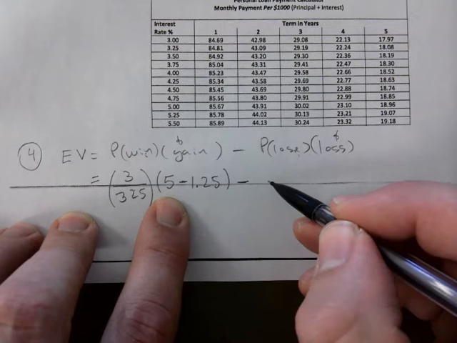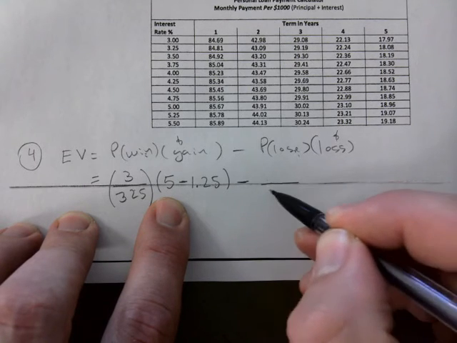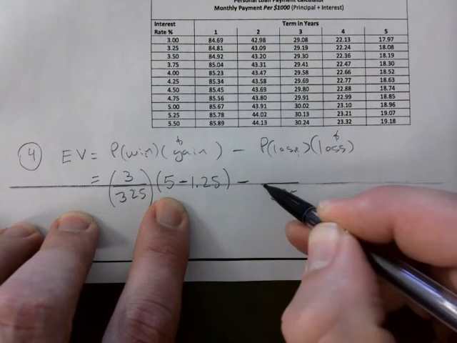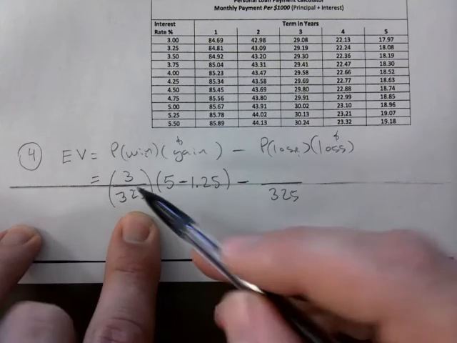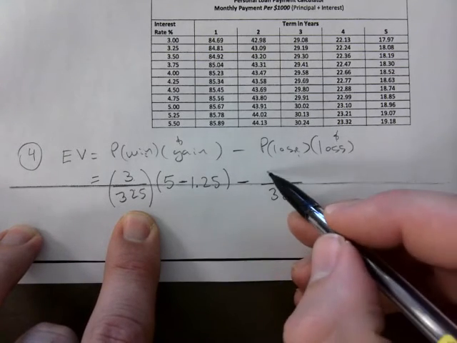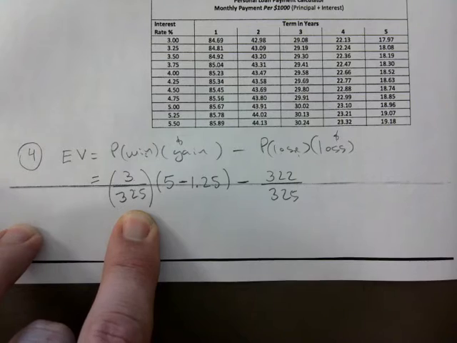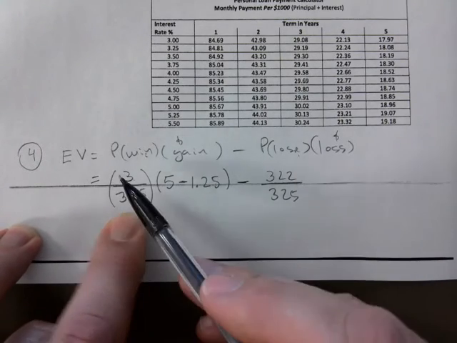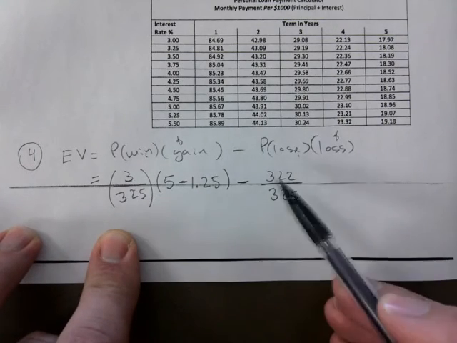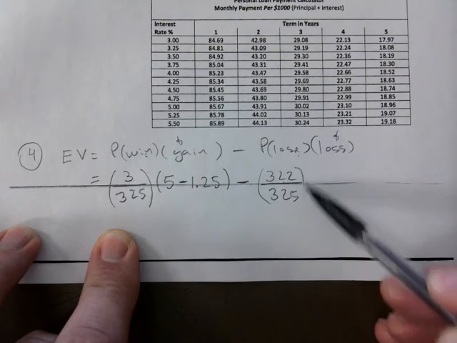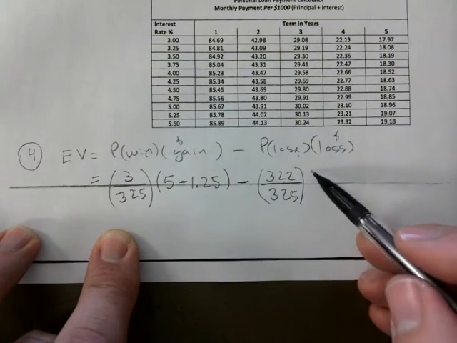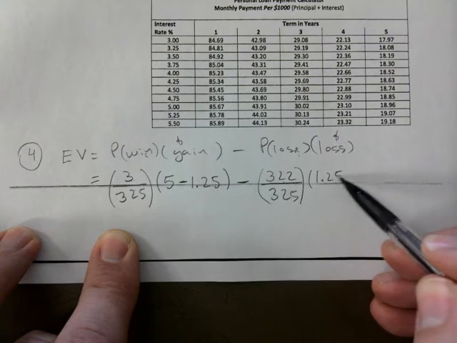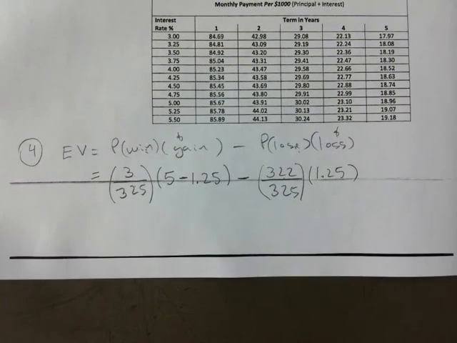Minus, this is the tricky one. It's still out of 325. 3 are winners, so 322 are non-winners, right? I basically take this away from the total to give me that. I put that in brackets like that, and you multiply that by 1.25. This is the cost.